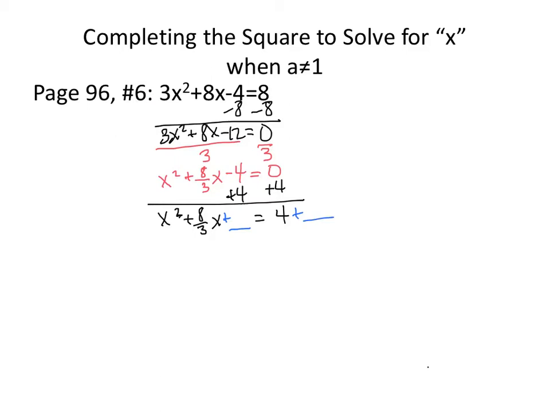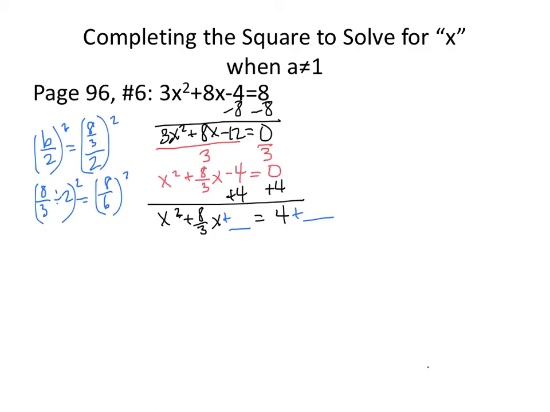In order to figure that out, I'm going to need to find b over 2 squared. In this case, b is 8 thirds, so I need to divide it by 2. 8 thirds divided by 2, squared, is going to be 8 over 6 squared.